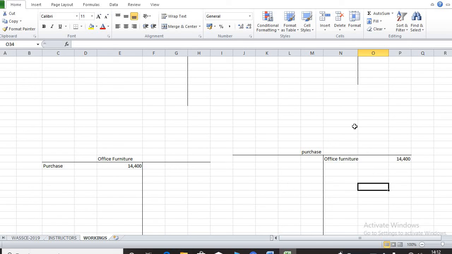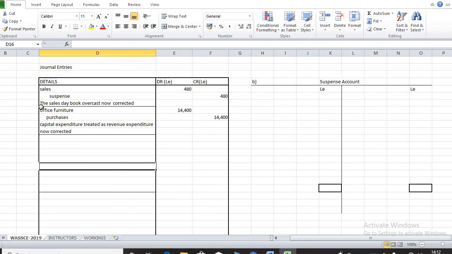After doing that in the T account, you have to transfer it because the requirement says we should show them in a journal entry, not in a T account. Pay attention to the requirement.